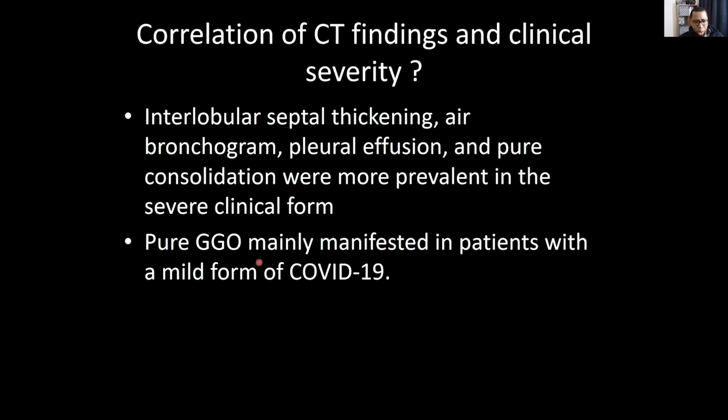As you can imagine, pure ground glass opacities mainly manifested in patients with a mild form. So you see pure ground glass in a mild early form of COVID-19 before you have that disruption of the endothelial epithelial membrane and flooding of stuff into the alveolar space.